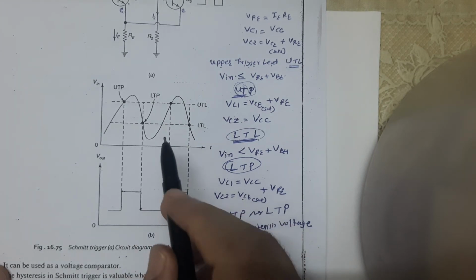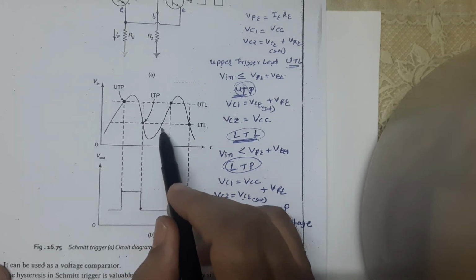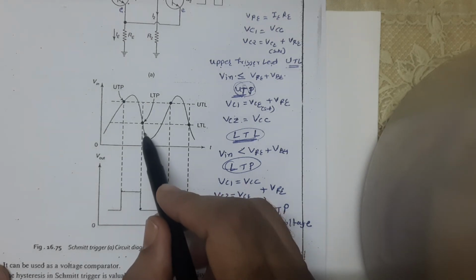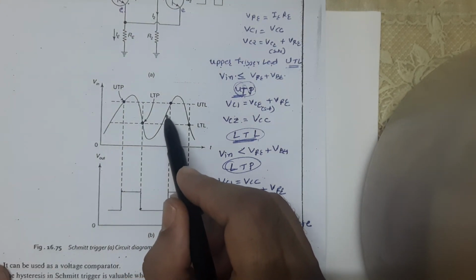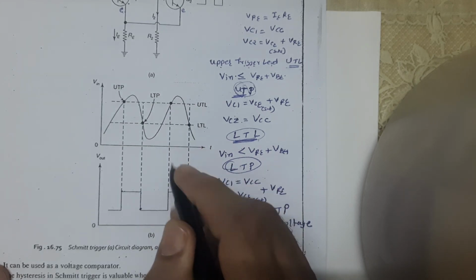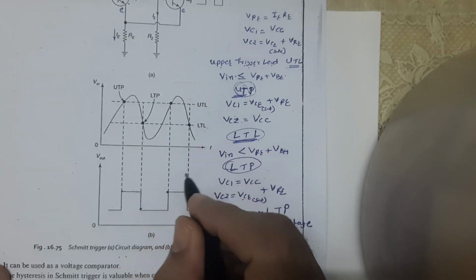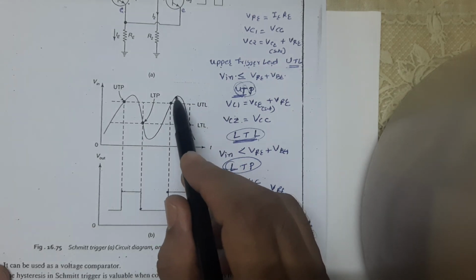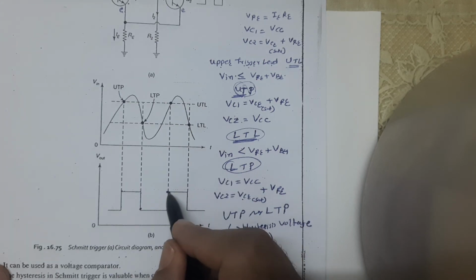Then again during the negative half cycle it remains constant. When the input increases up to the UTP, again it is switched on and we are getting the maximum value, and in between there is nothing, it remains constant.